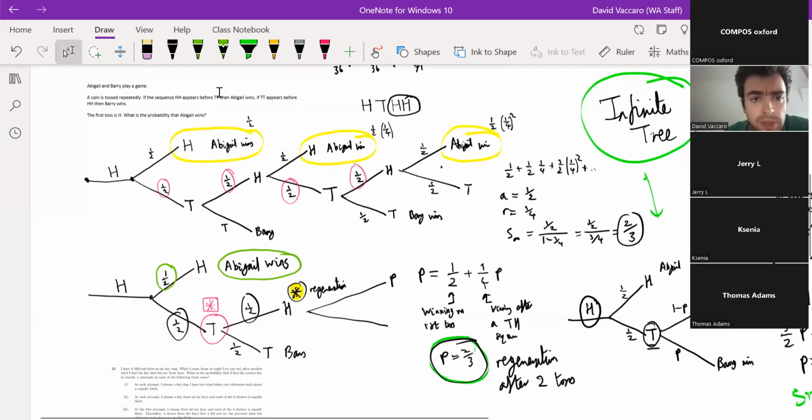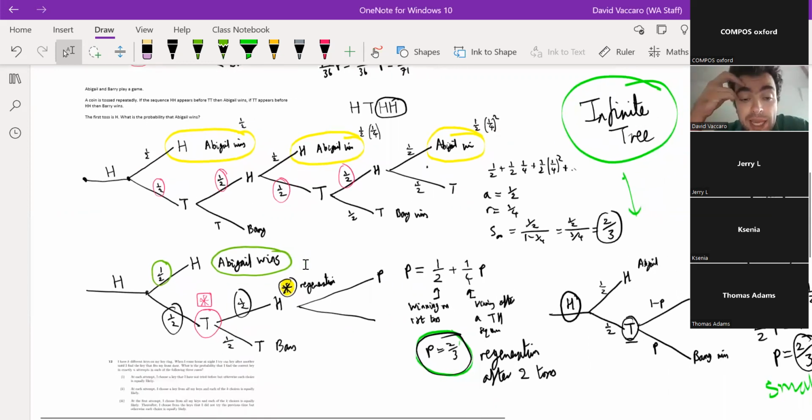Do those examples make sense? Does anyone have any questions about that question? Just to check that people are alive and happy, do people want to just put a thumbs up in the chat if they're happy with these kind of tree diagram game questions?